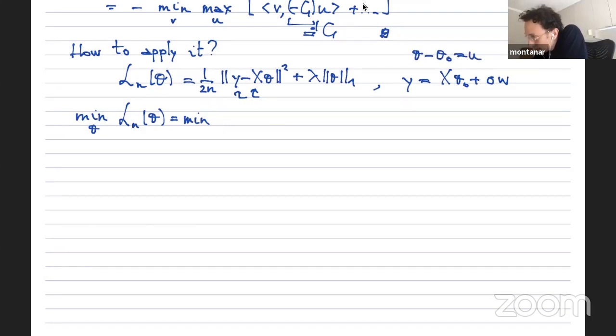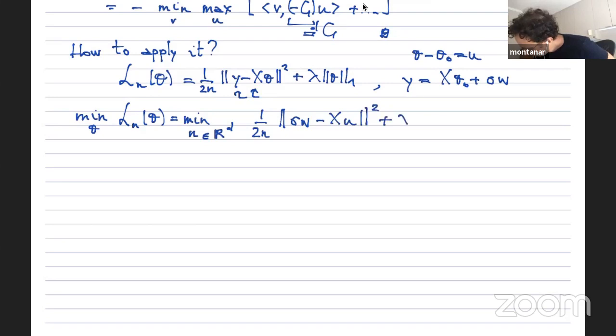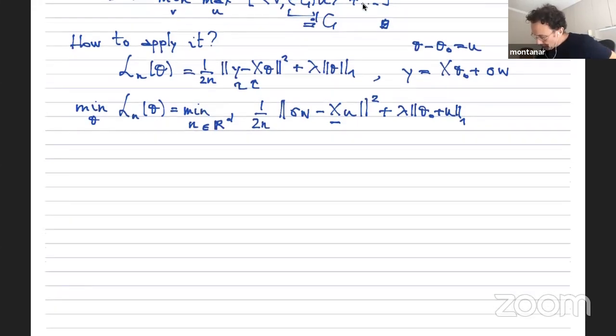And so I get that this is the min over U in R^d of 1 over 2n, and then sigma W is a Gaussian vector with IID Gaussian coordinates, minus x U. Okay, now this is very nice because now all the Gaussian randomness is in this matrix X that is exactly, up to scaling, just the same as our matrix G in the little lemma.